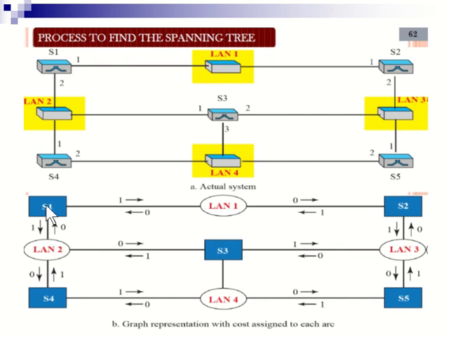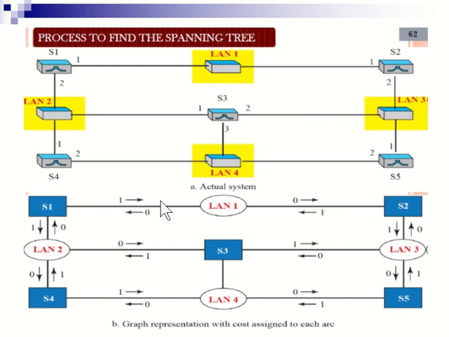There are some cases wherein we'll get equal cost when we move through multiple paths. In that case, we can choose any one path and we are going to neglect or leave the other path. For example, to connect from S1 to LAN 3, we can go via this path.